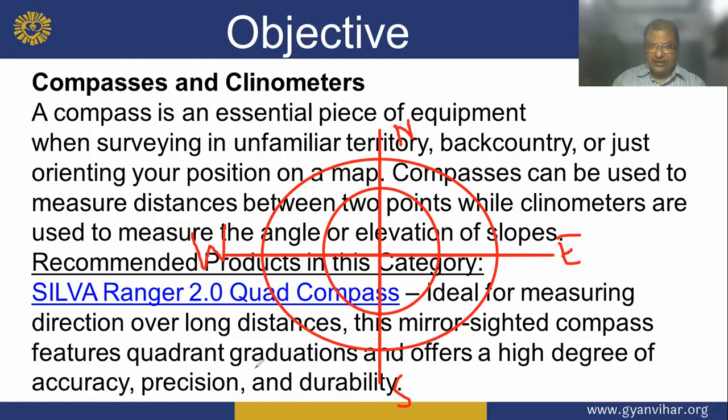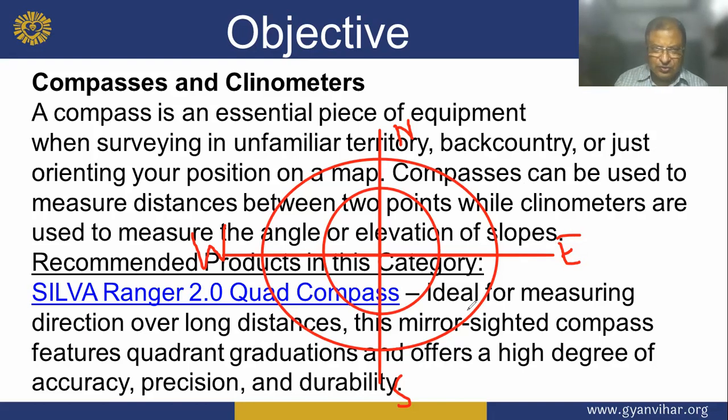Now, a compass is an essential piece of equipment. This is north, this is south, this is east and west. The compass is an essential piece of equipment when surveying in uniform territory, backcountry, or just orienting your position on a map.